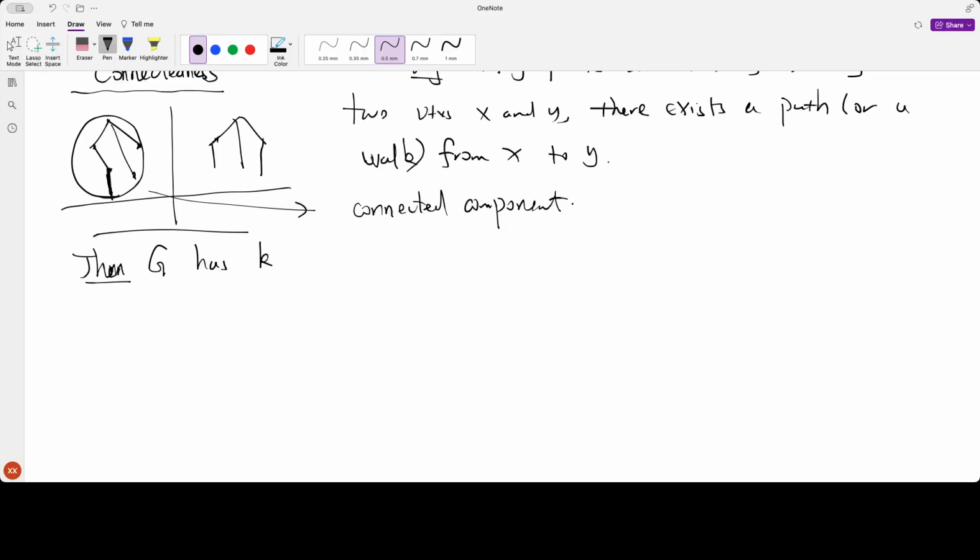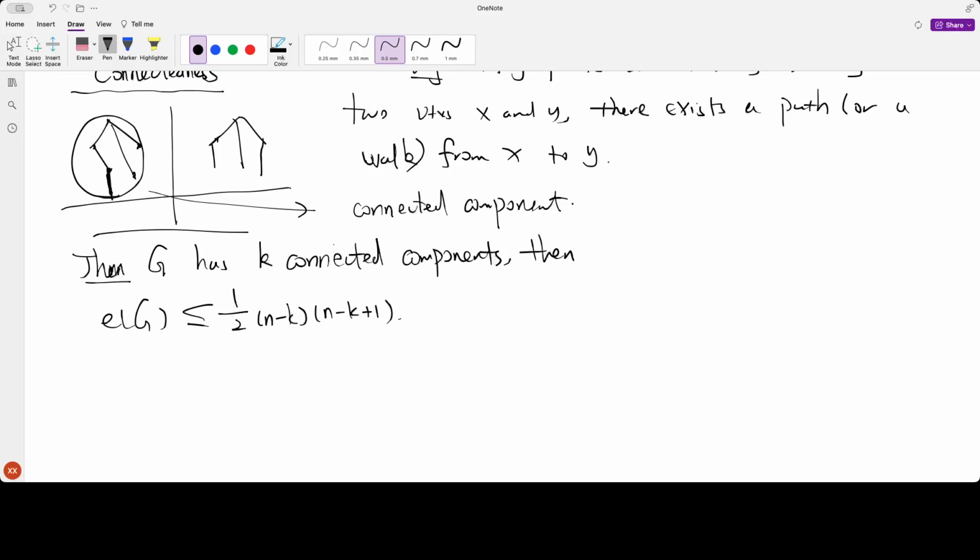If the graph is not connected, you can split the graph into different connected components. Then you can get an estimate of the edge number of G. The edge number of G is at most half of n minus k times n minus k plus 1.